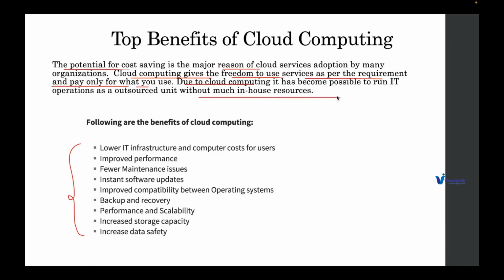So one is cost saving, and then improved performance, whatever configuration you're going for, you will get that performance. And maintenance: we come across a lot of maintenance, like firmware updates, hardware maintenance, OS updates, downtime during that time, and again unplanned outages, right?